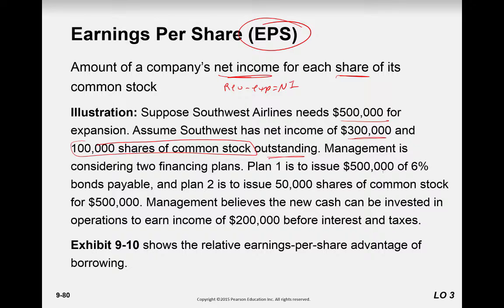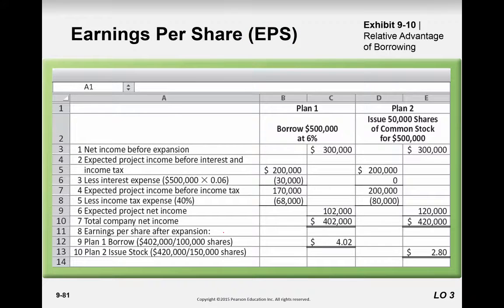One, to issue the $500,000 of 6% bonds, or plan two is to issue 50,000 shares of common stock. And management believes the new cash can be invested in operations to earn about $200,000 before interest and taxes. So we want to show you the earnings per share advantage.